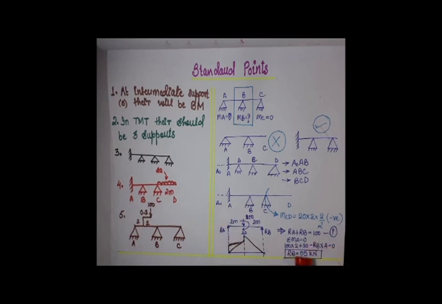So by solving this equation, we get RB equals 55. I will repeat: by solving the summation of moments, we get RB as 55 kilonewton.